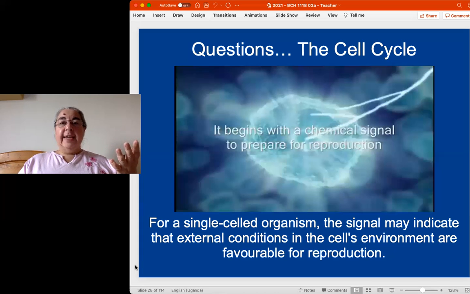We're now finding that the cells are able to have enough food to divide, so the signal that tells the cells to divide is the food itself, the presence of the food or something connected to the food in the environment around the cell.